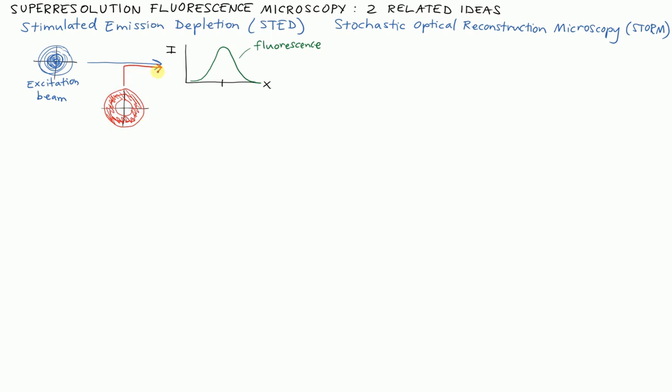I'll label that the donut profile beam, and it has a name. Instead of excitation beam, it's the depletion beam. That's the part of the name of this technique. And when that beam appears on top of the excitation beam, it sets up an intensity profile which has almost no intensity at the center of the blue beam.